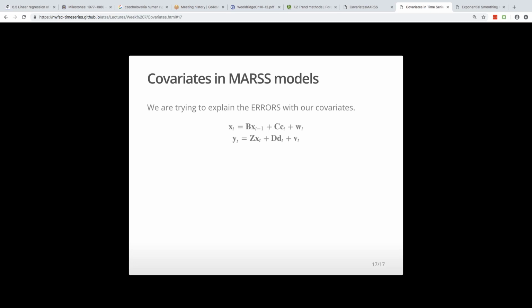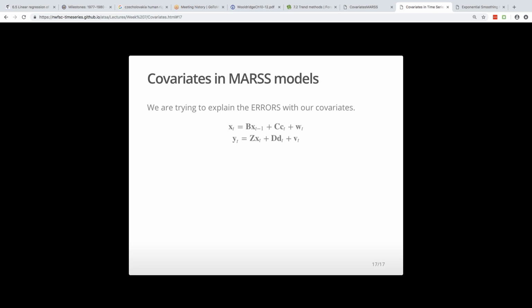So what is different now is that I'm explicitly explaining the process errors or the observation errors with my covariate. And my process model includes my autoregression in the process. So when I did that ARIMA and I had the XReg, there wasn't auto regression in the process.